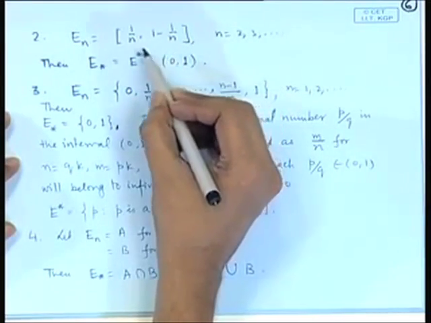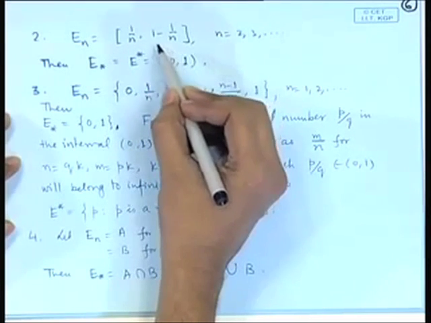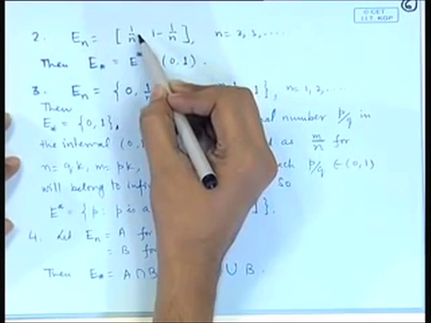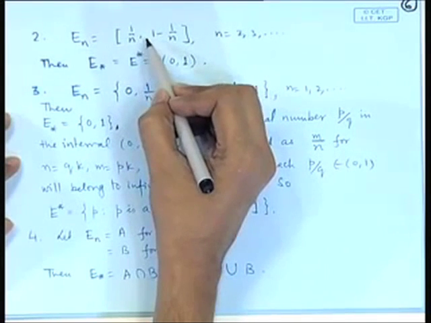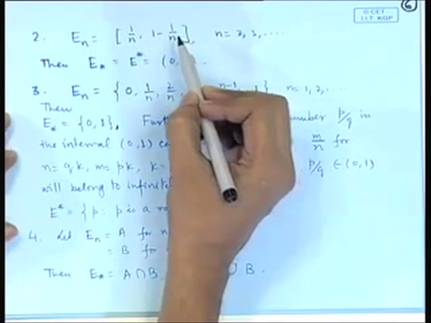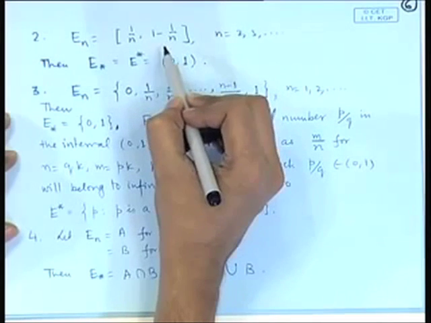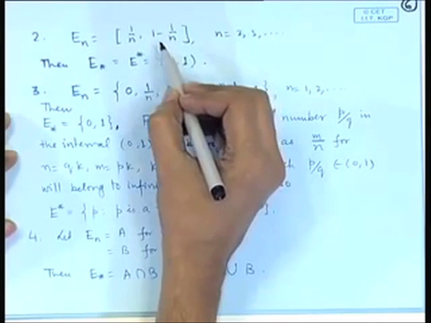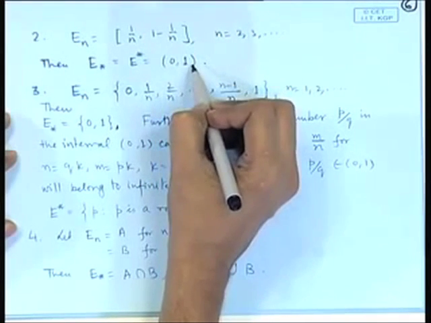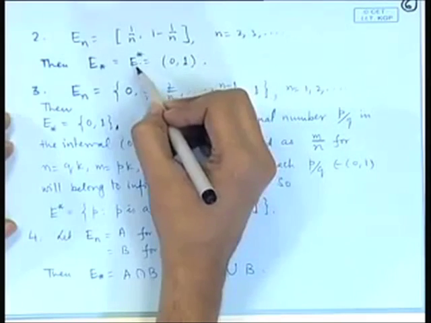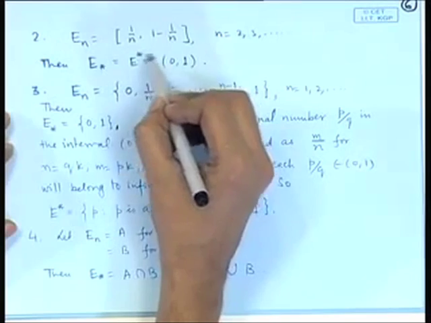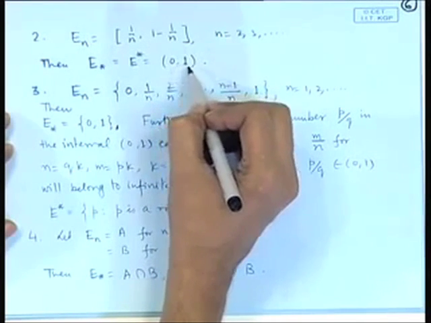Once again, using the argument given in example 1, if we consider any element a between 0 and 1, then after a certain stage it will belong to the set En for all n greater than or equal to some capital N. Therefore, once again E lower star, that is the limit infimum of this sequence, will be the interval 0 to 1, and naturally E upper star will also be 0 to 1, because it is a superset of E lower star in general and it cannot go beyond the interval 0 to 1.